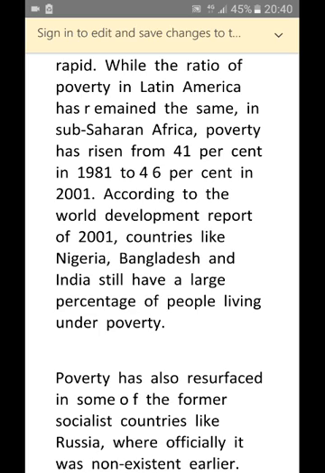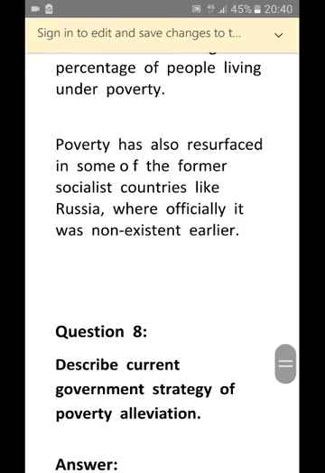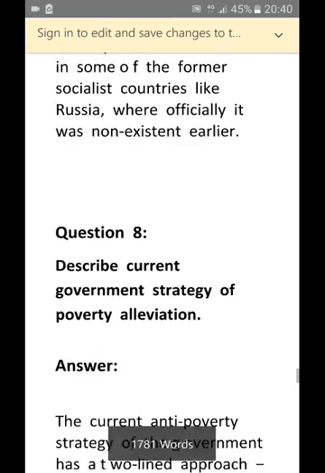According to the World Development Report of 2001, countries like Nigeria, Bangladesh, and India still have a large percentage of people living under poverty. Poverty has also resurfaced in some of the former socialist countries like Russia, where officially it was not existent earlier.